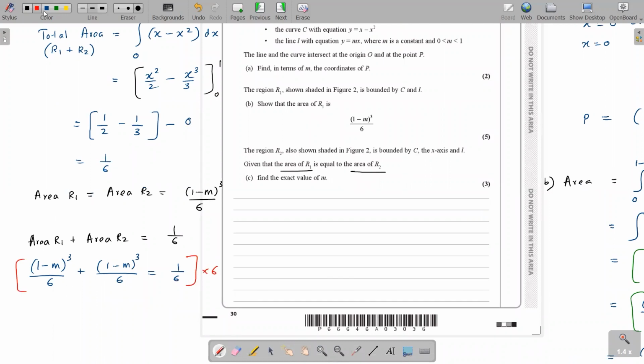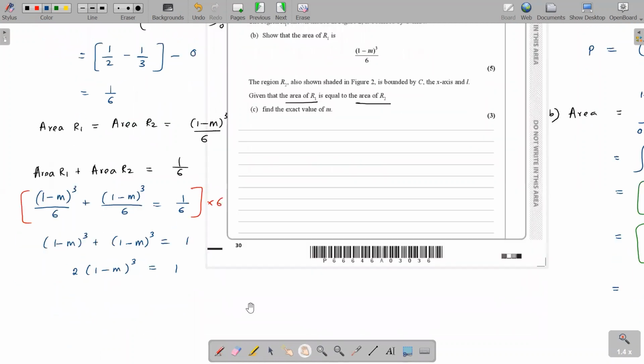So I get (1 minus m) cubed plus (1 minus m) cubed equals 1. Adding these, 2 times (1 minus m) cubed equals 1. So (1 minus m) to the power 3 equals 1 over 2.